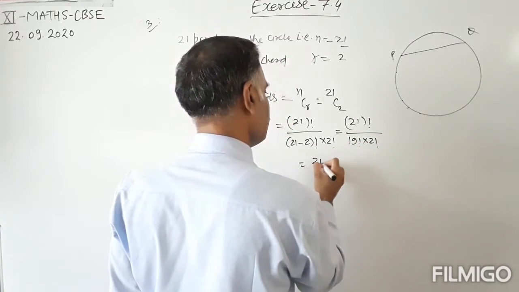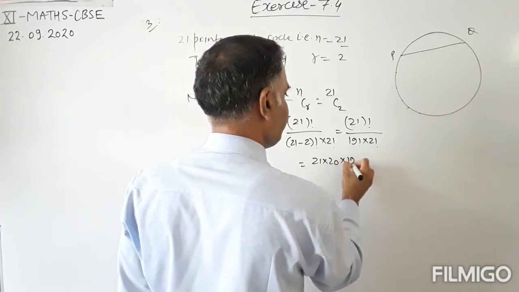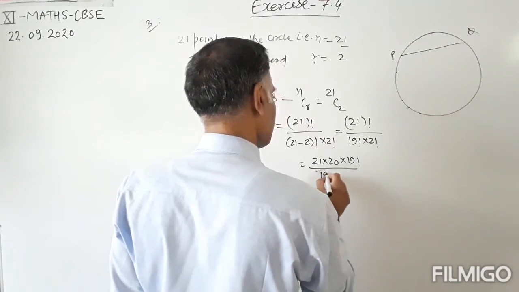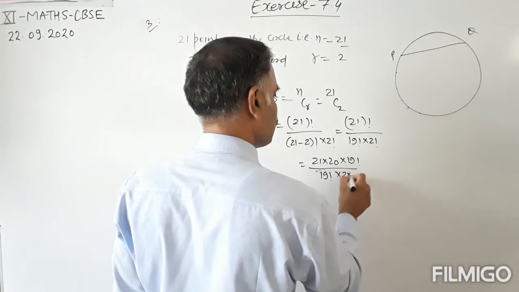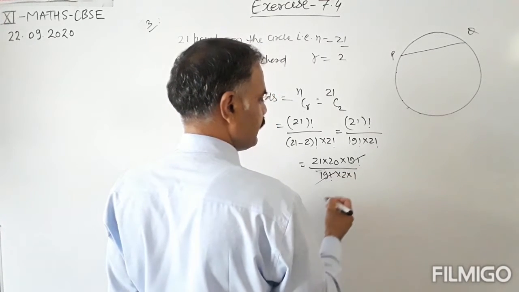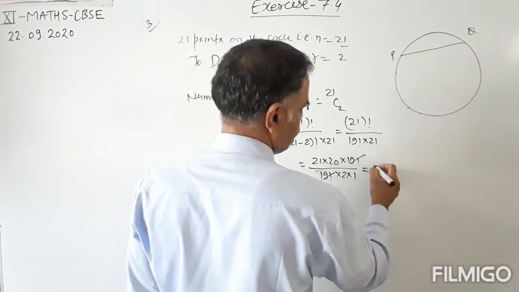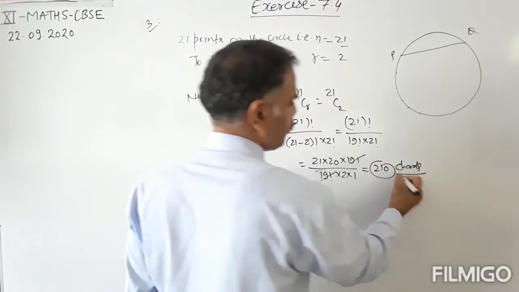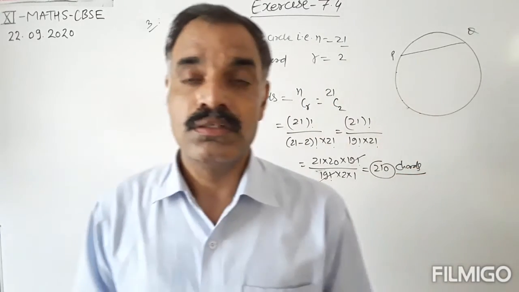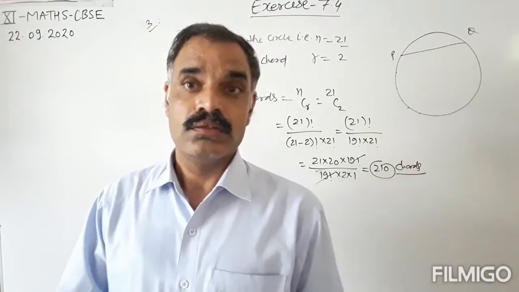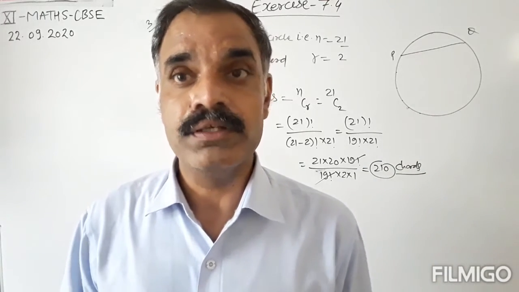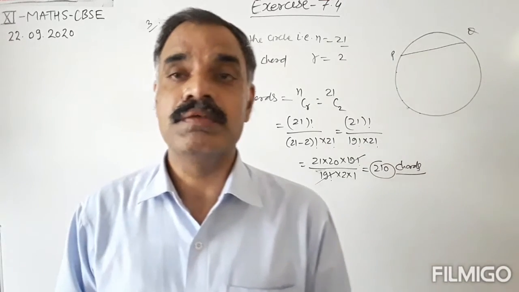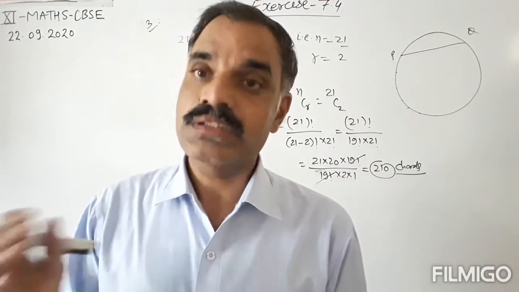So this is 21 into 20 into 19 factorial upon 19 factorial into 2 into 1. 19 factorial we cancel, 2 tens are 20, 21 tens are 210. So number of chords drawn out of the given 21 points on the circumference of the circle are 210. Means 210 chords can be drawn.